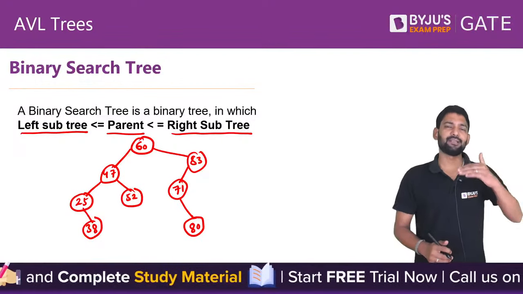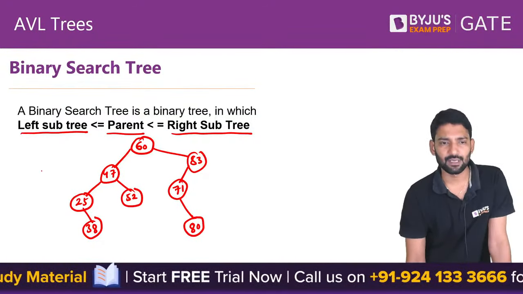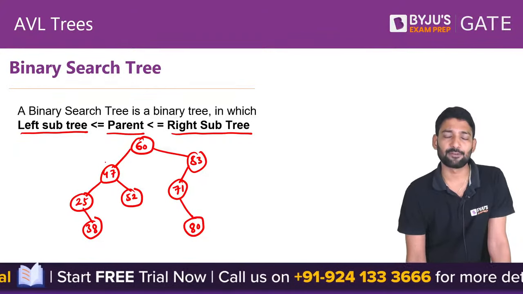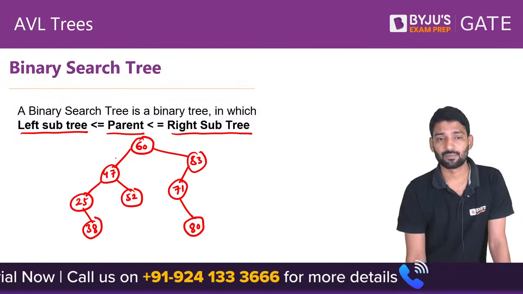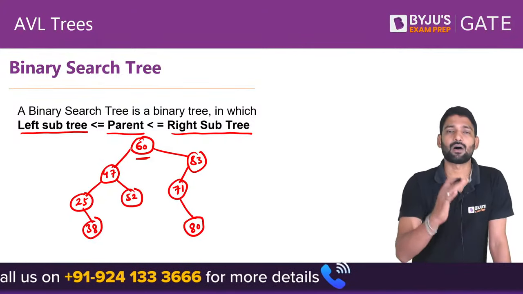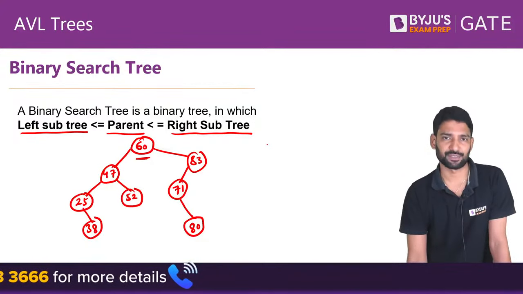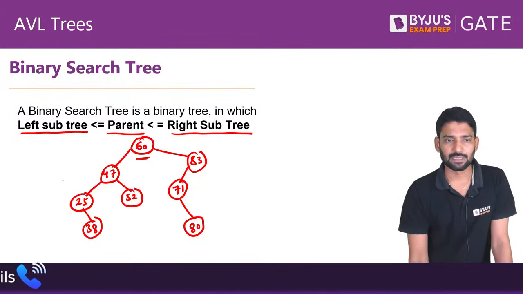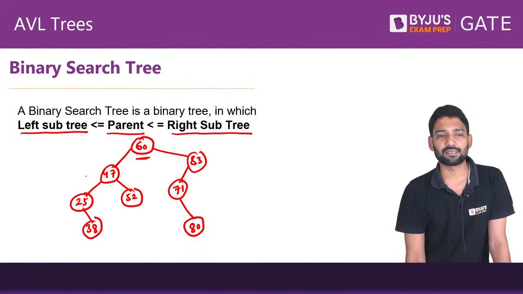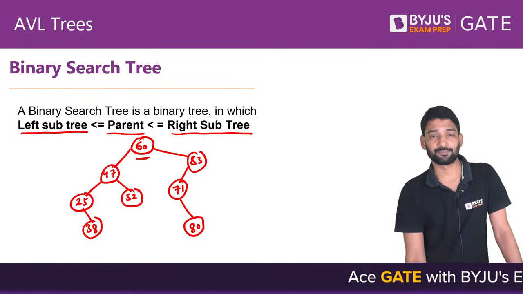Here at every level you check. All elements left of 60 are less than 60. Similarly, all the elements right of 60 are greater than 60. So at the root level it is satisfied. Similarly, left of 47 are less than 47, right of 47 are greater than 47.